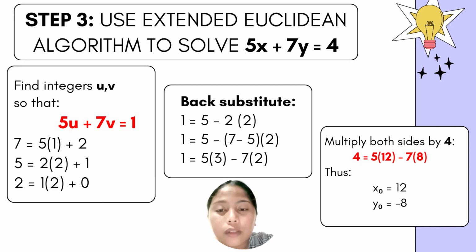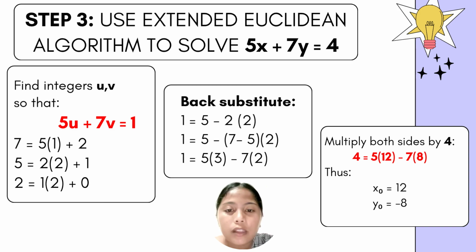Then 5 is equal to 2 times 2 plus 1, because 2 times 2 is 4, then we add the 1, which is equal to 5. Then 2 is equal to 1 times 2 plus 0.